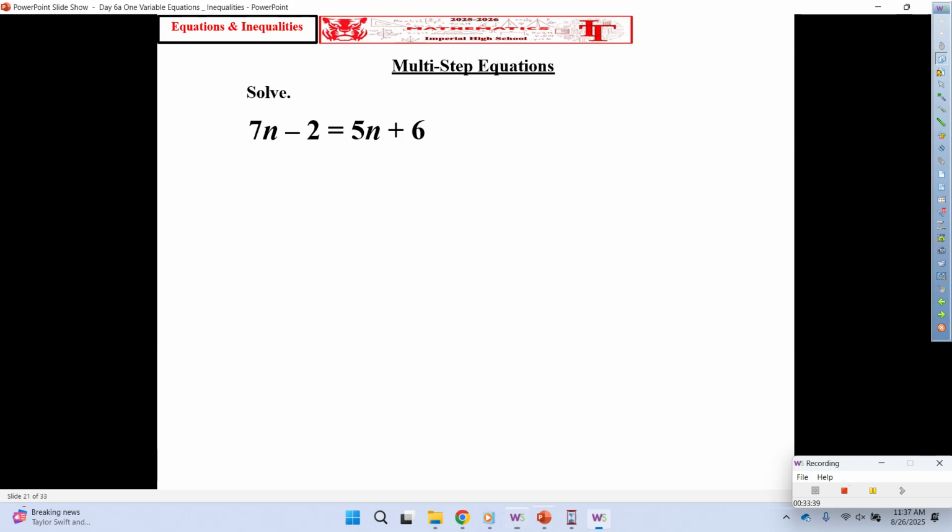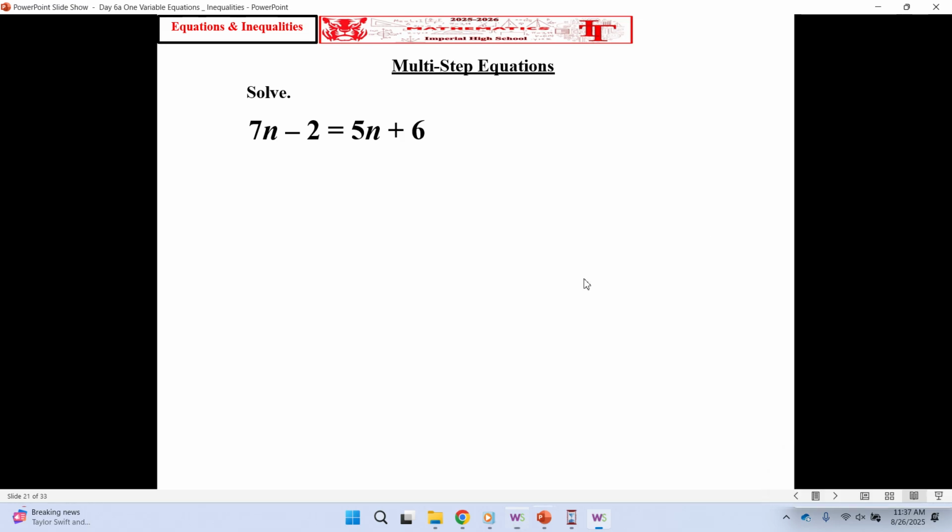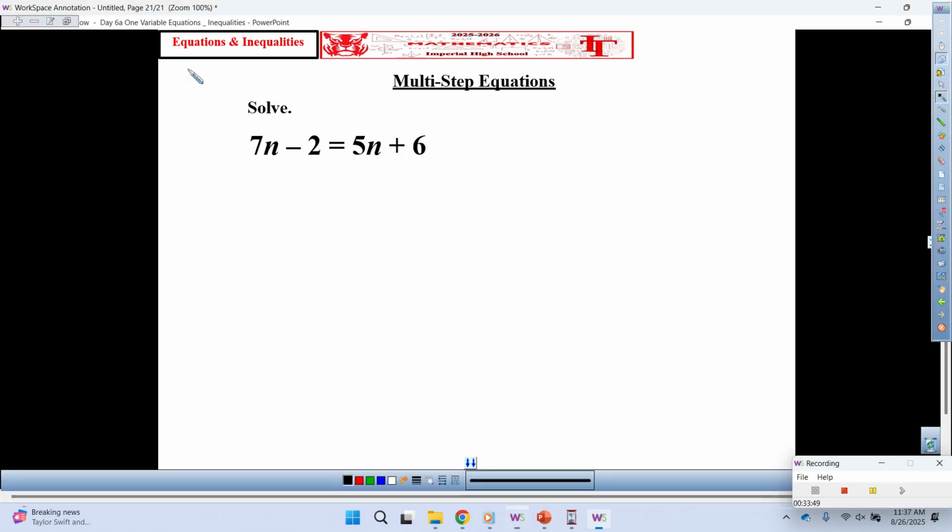Since this is one of those different ones, just do example 1. Example 1. 7n minus 2 equals 5n plus 6. Line down the equal sign. Question, can I simplify the left side? How about the right side? No. Whenever you have an equation like this with variables on both sides and they're the same kind, we need to get them all together.